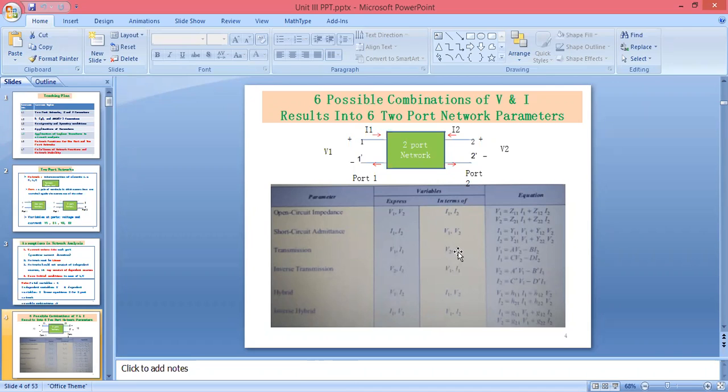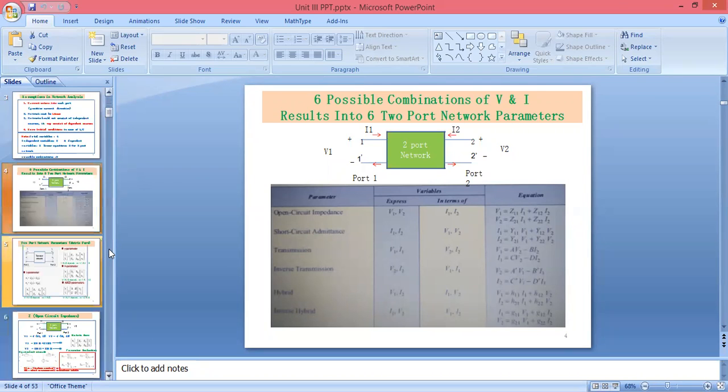Again, if V1 and I2 depend on I1 and V2, we get the equations of V1 and I2 in the form of H. We call this the hybrid parameter. And exactly opposite to this, if I1 and V2 depend on V1 and I2, we call this the inverse hybrid parameter.